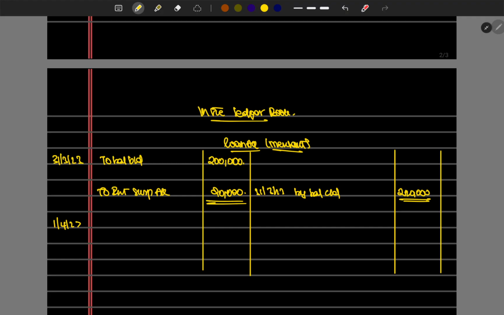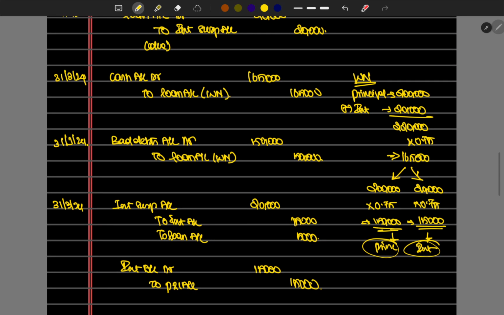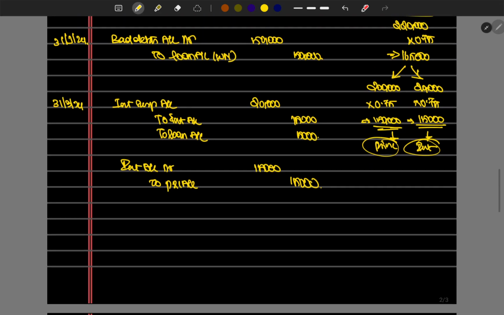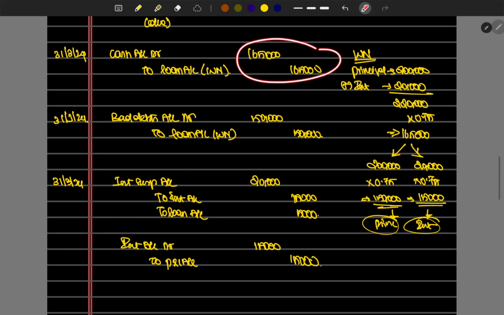1/4/23, to balance brought down, which is 2 lakh 20,000. So on 31/3/24, he has paid 1,65,000, right?